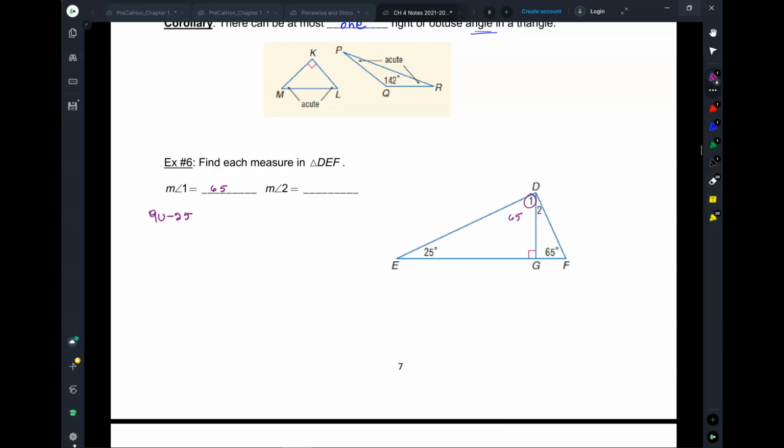So 90 minus 25 is 65. Okay, so in the other triangle, this is 90 again. So the acute angles are 65 and angle 2. So 90 minus 65 is 25. Okay? So I do want you guys to get in the habit of doing that.